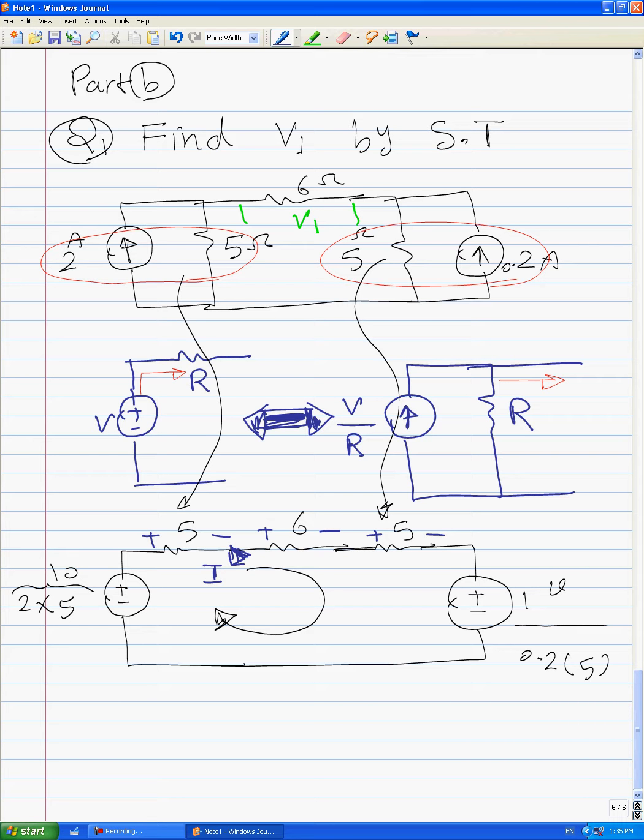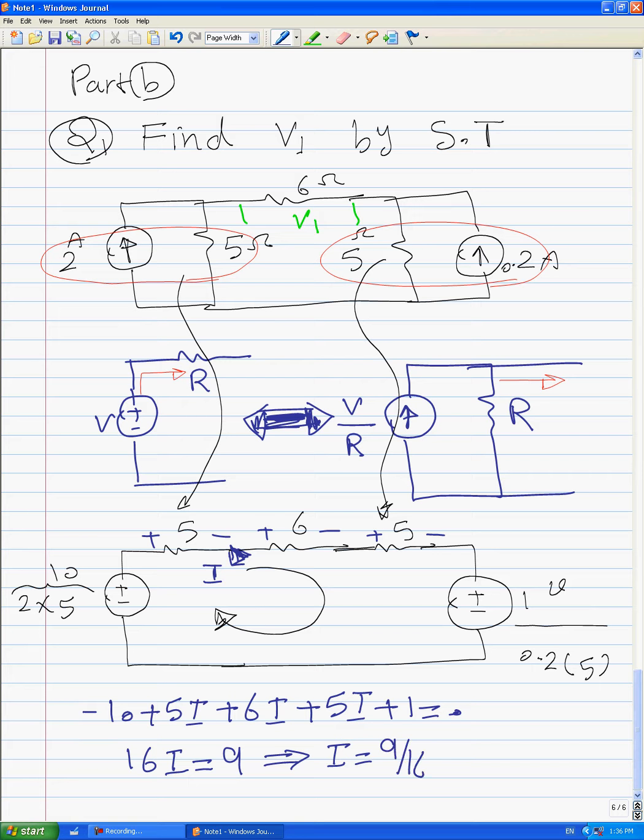Okay, KVL says minus 10 plus 5 times I plus 6 times I plus 5 times I plus 1 is equal to 0. That's why we have 16I is equal to 9. And that's why I is equal to 9 over 16.